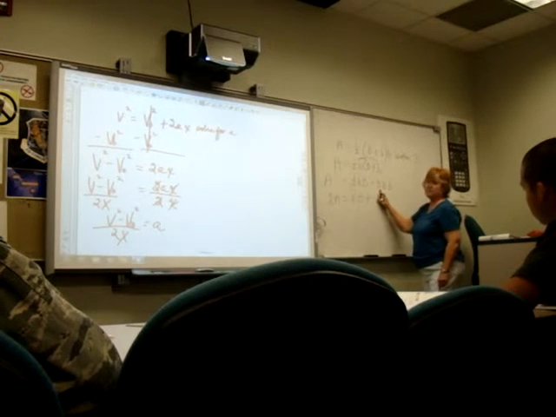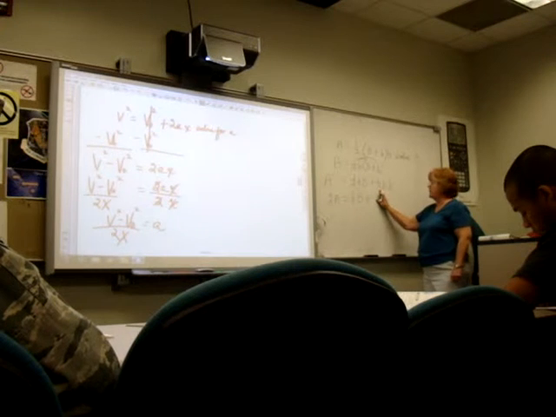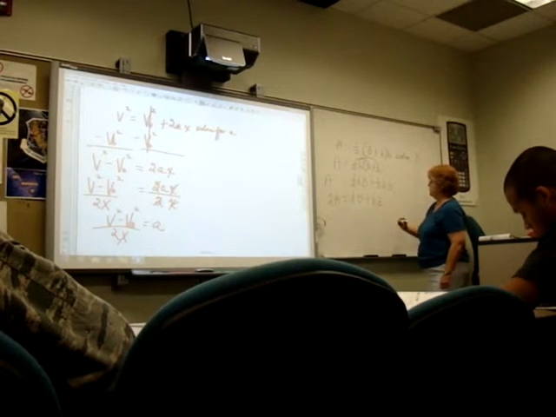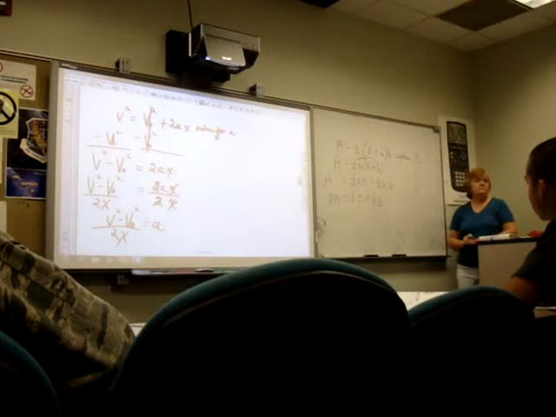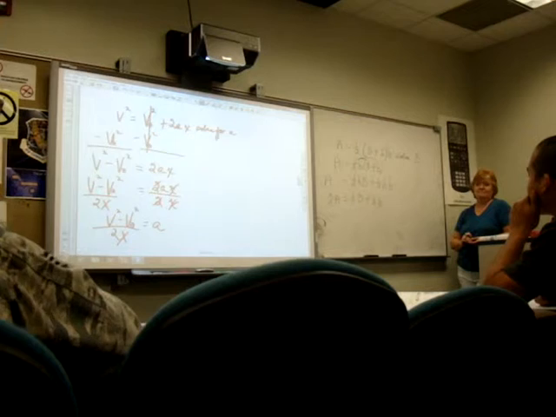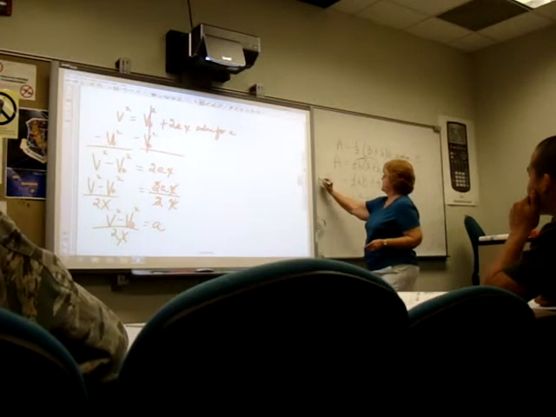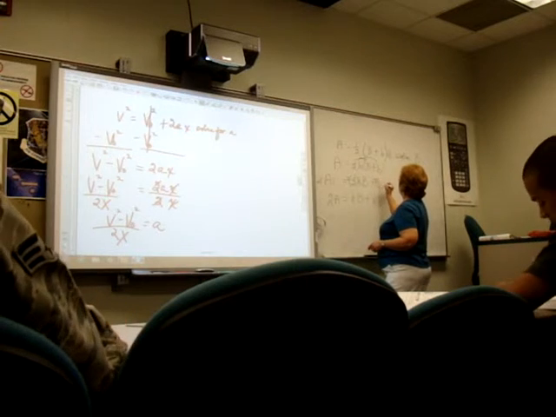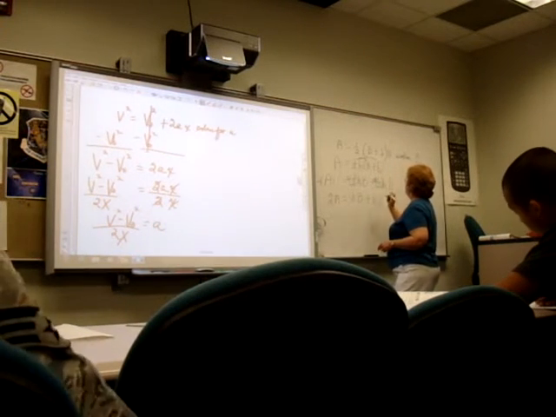I got 2 times 1/2 again. That's going to give me a 1 times H lowercase b, so it's H lowercase b. Now, what are we solving for? B. I'm saying 2 times this, 2 times this, and 2 times that. That's what I'm doing there.